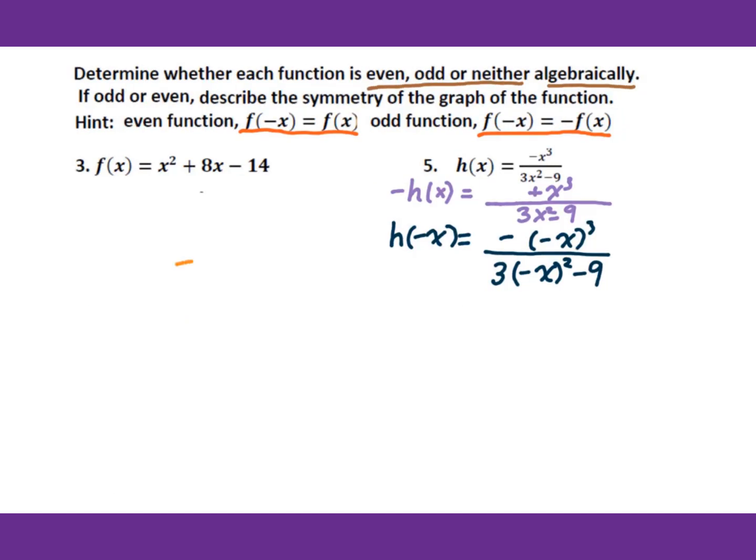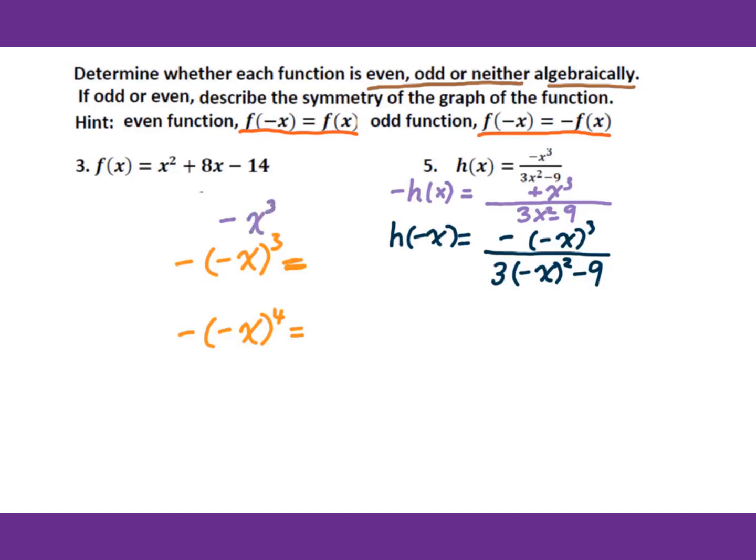Let's work out negative x to the third power and negative x to the fourth power. First of all, we work on the exponents first. Therefore, a negative sign to the third power is still negative. X to the third power is x to the third power.